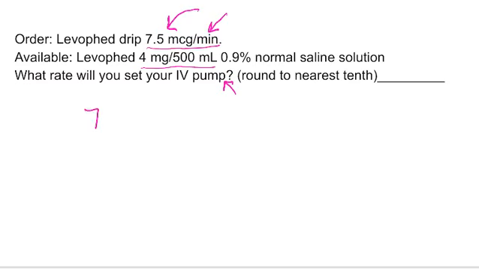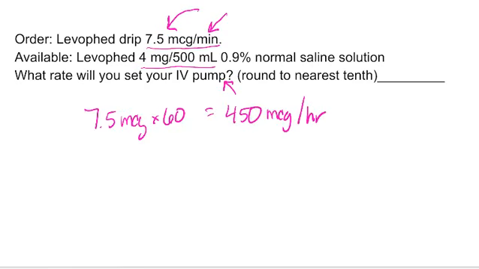If I take 7.5 micrograms times 60, I'm going to get 450 micrograms per hour. That's my doctor's order. All I did was put this in hours because I know that my pump is going to go per hour. So that's why I wanted to go ahead and convert that first.